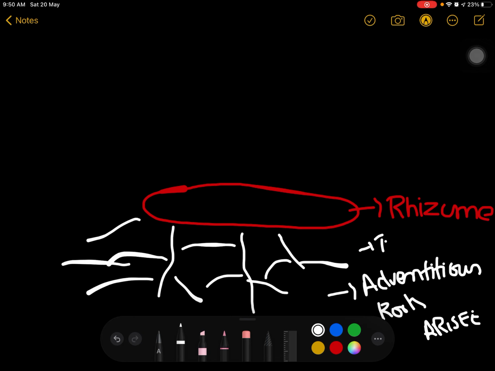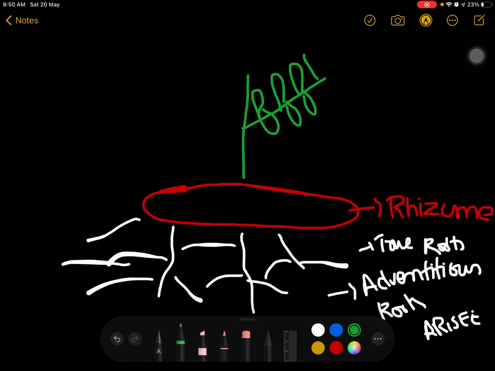Basically, they are true roots, right? There's a stem, and obviously they have pinnately compound leaves. They have some young leaves which are in circinate venation.